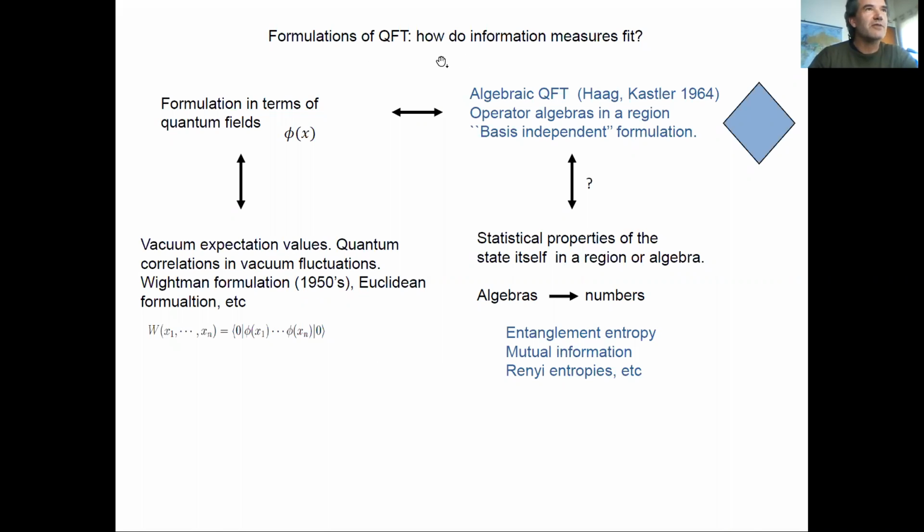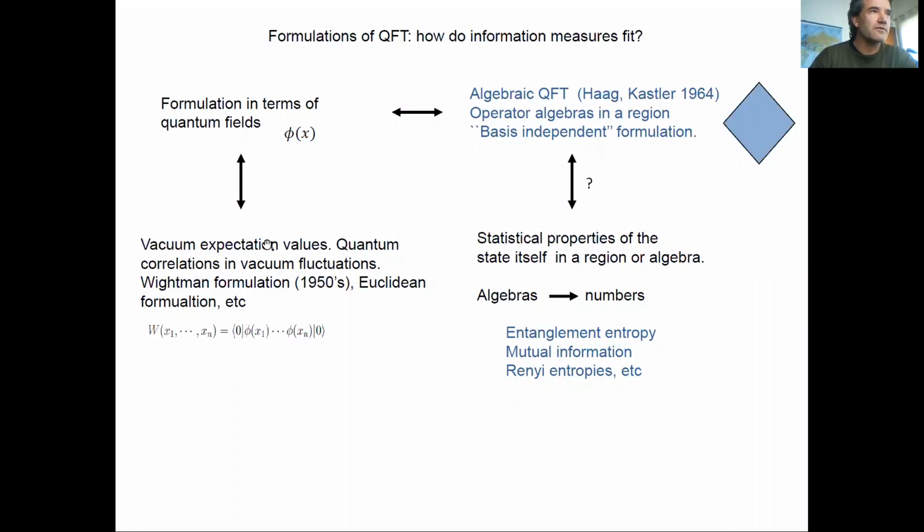This is how information measures fit in quantum field theory. What is the role they play? We have many formulations of quantum field theory. The most natural one is in terms of quantum fields assigned to each point of space-time.